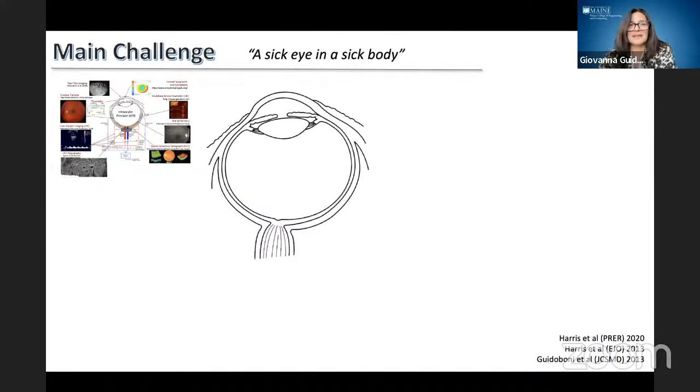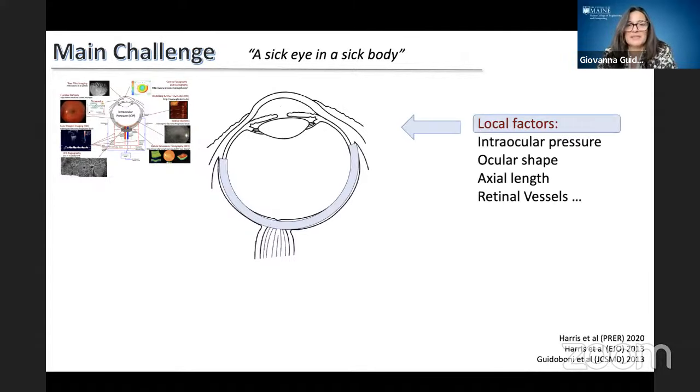So what are some of the main challenges that we are focusing on? As I told you earlier, the eye really provides a window on many things, from tissue to blood flow to big vessels to mid-size vessels to small vessels. But the fact is that the eye is inside the body, of course. So whatever we see in these measurements may be a consequence of factors that are local to the eye.